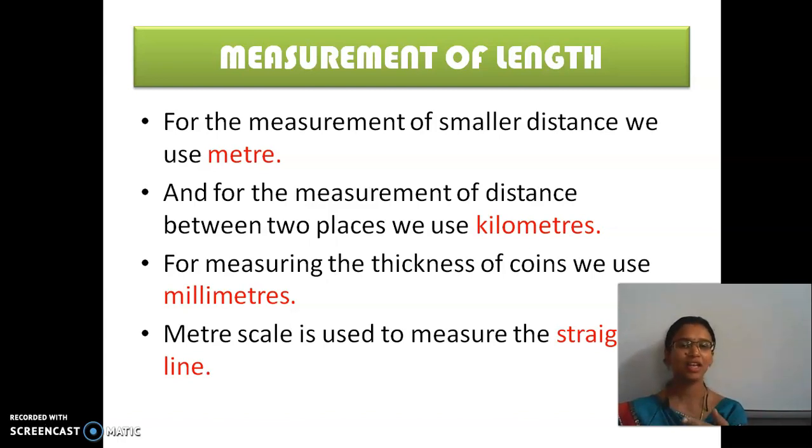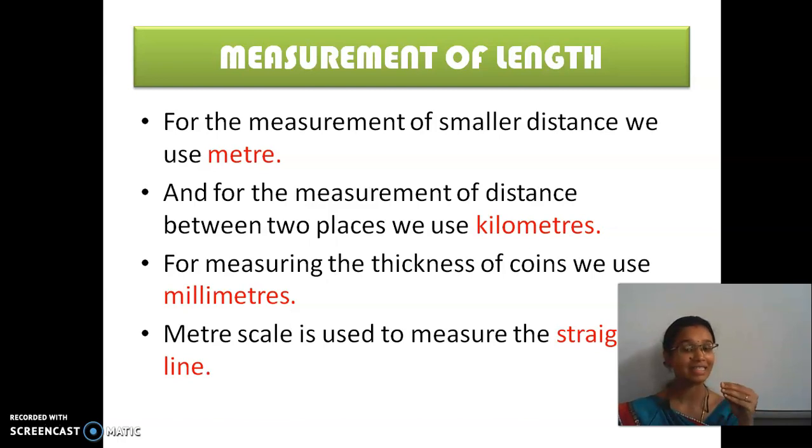The length of the room we measure in meters, because smaller distances are measured with meters. And for the larger ones, for example the distance between two places, two cities, countries, etc., we measure in kilometers, because they are the larger ones. And for measuring the thickness of coils we use millimeters.